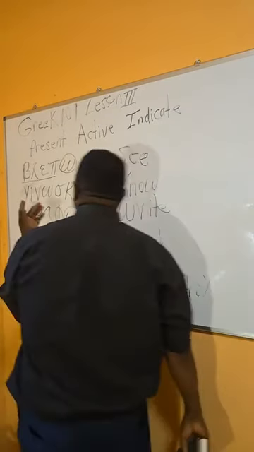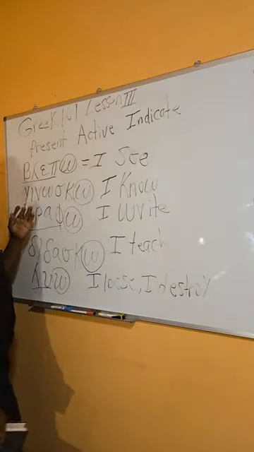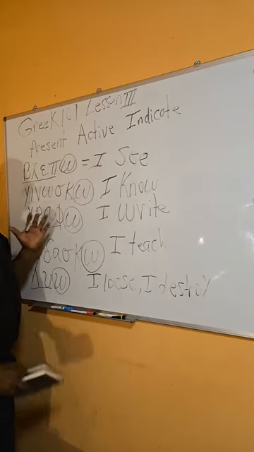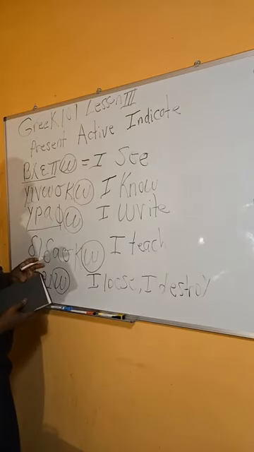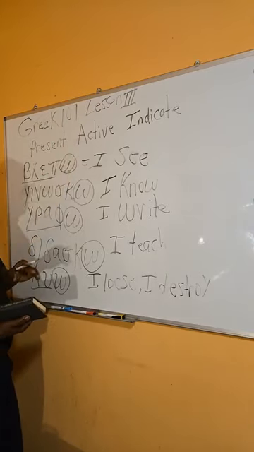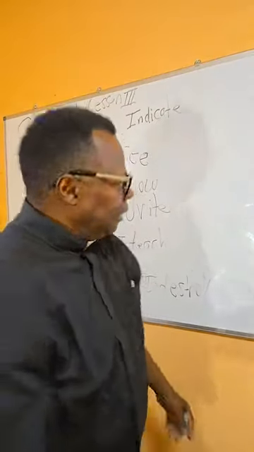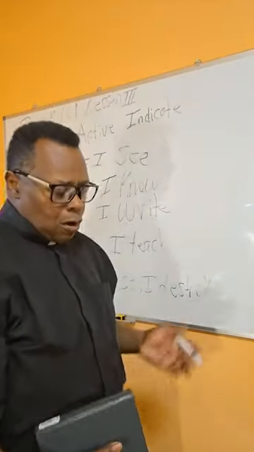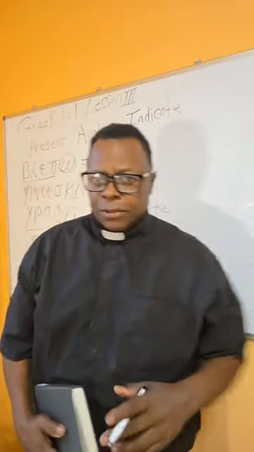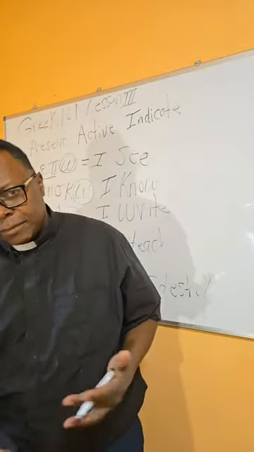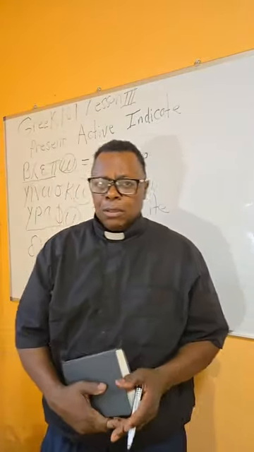So that means all these verbs are in the present tense. See, Greek has tense, just like English has tense. And an active voice. Now, when a sentence is active, let's say this way: John washed the car. That's present indicative active.